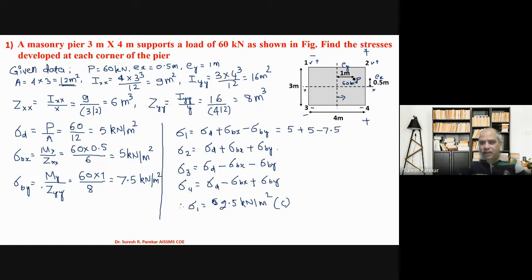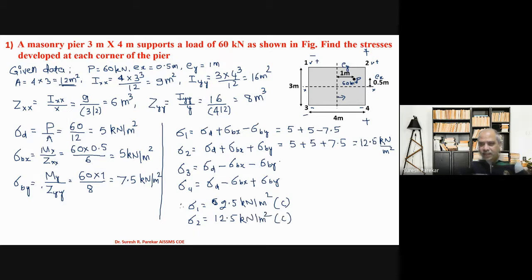Then we have 5, then sigma bx also 5, and sigma by plus, and then this gives us a value equal to 12.5 kilonewton per meter square. So sigma 2 is 12.5 kilonewton per meter square, again compression.